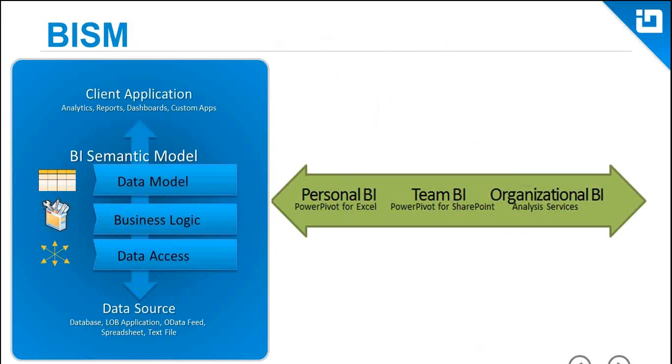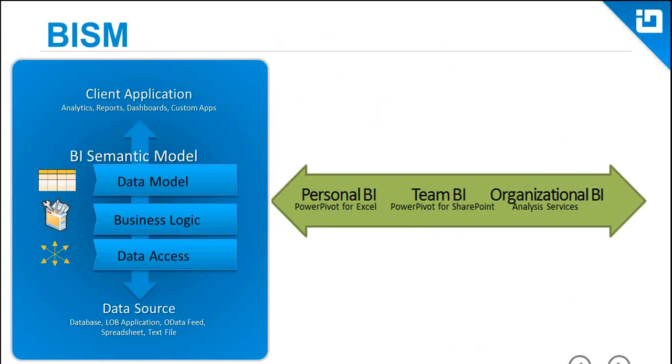This is the SQL Server BI semantic model. You can see there are three parts to it. Start with the data model at the top, the middle part is business logic, and the bottom is data access. The data access could be from a database, line of business application, data feed, cloud, spreadsheet, or text file.